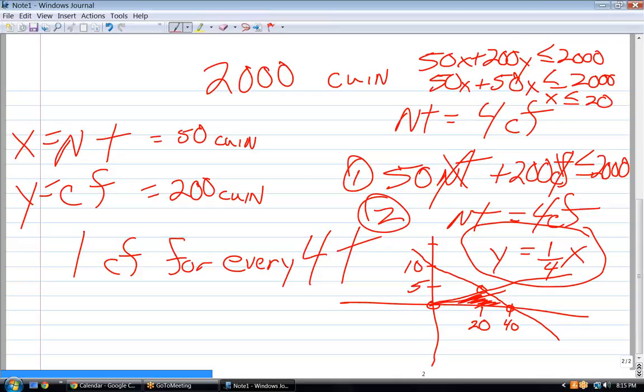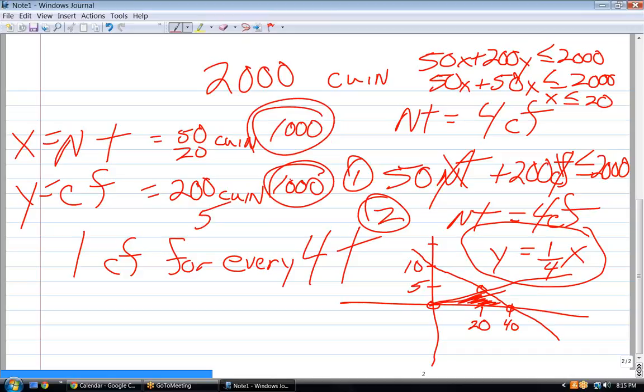So I think that this is it. I don't even think it needs a maximum because it means that he can put 20 nettlefish and 5 catfish. 20 of those would take 1,000, and 5 of those would take 1,000. So you're right, we do have the answer.